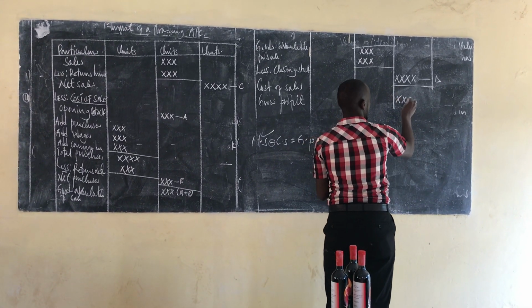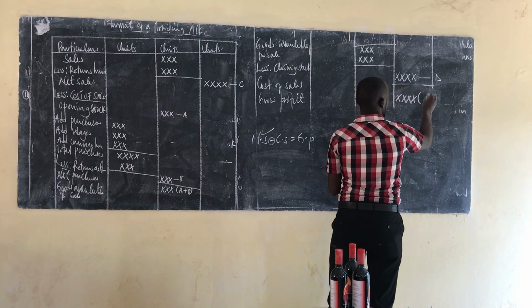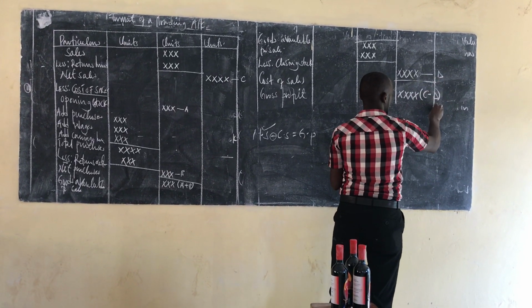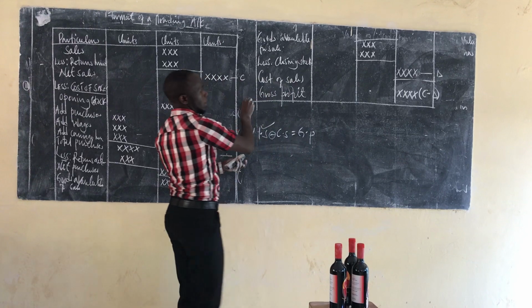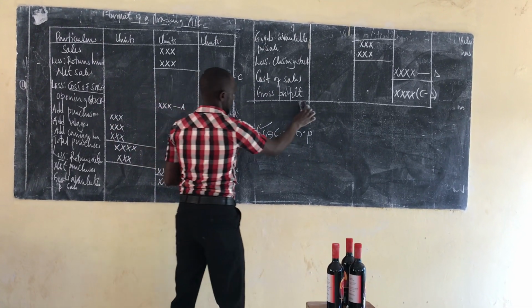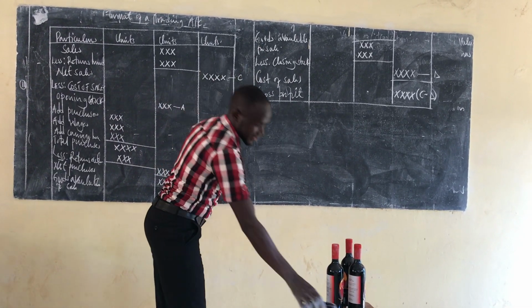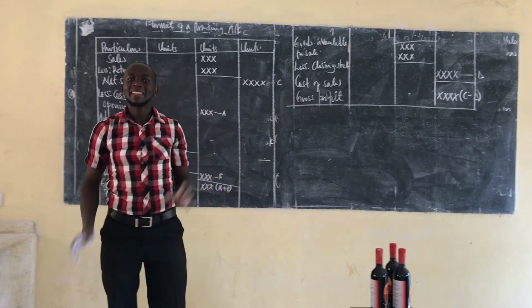This figure here, which is C minus D, is becoming our gross profit. And that is a trading account.